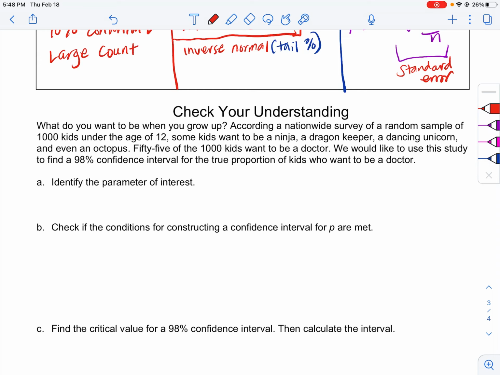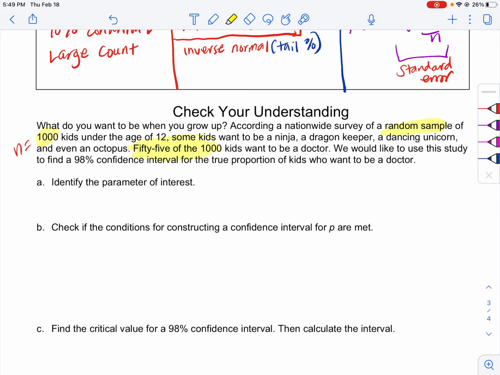According to a nationwide survey of a random sample of 1,000 kids, I have my N in there. My N is 1,000. Under the age of 12, some kids want to be a ninja, a dragon keeper, dancing unicorn, and even an octopus. 55 of the 1,000 kids, so 55 out of 1,000, want to be a doctor. But everybody wants to be a doctor when they're a kid, right?